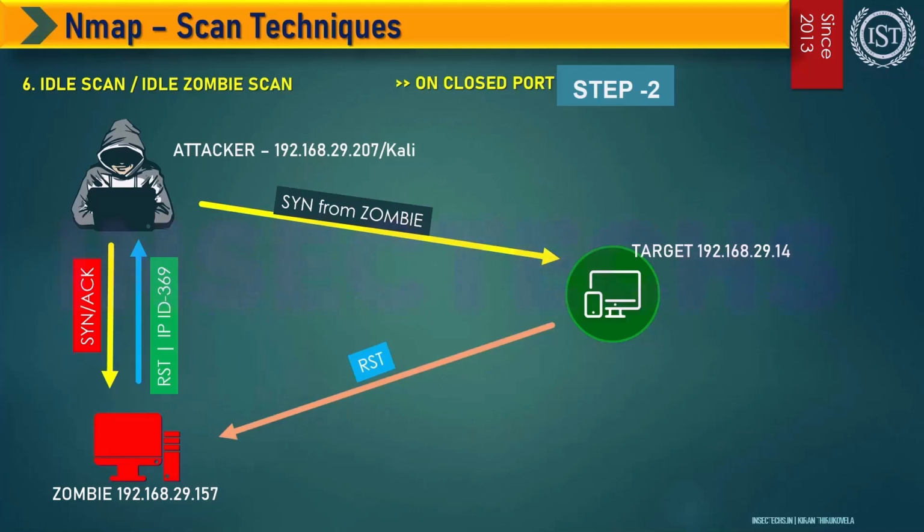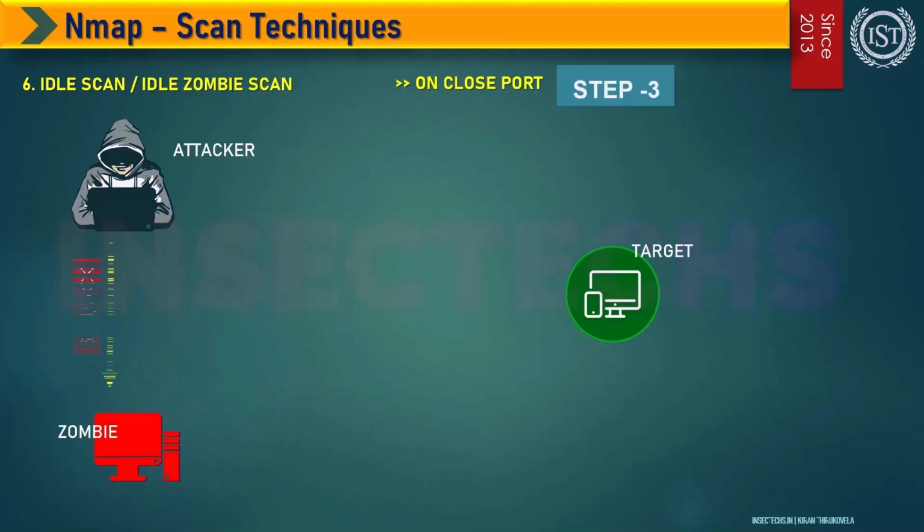Now in step 3, the attacker will again send a SYN-ACK packet to the zombie machine. So the confused zombie will send a reset flag. Now the packet has IP ID 370, incremented by 1 only.